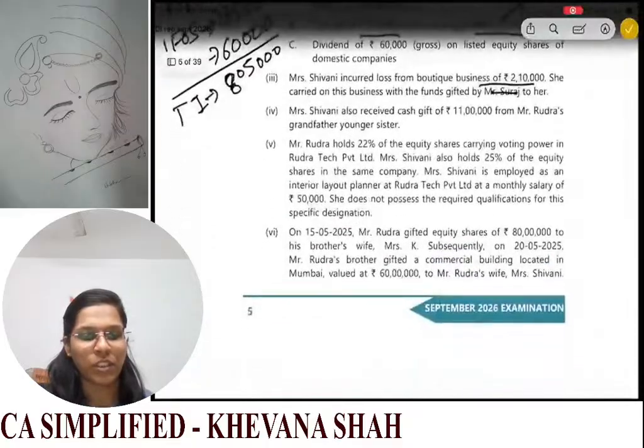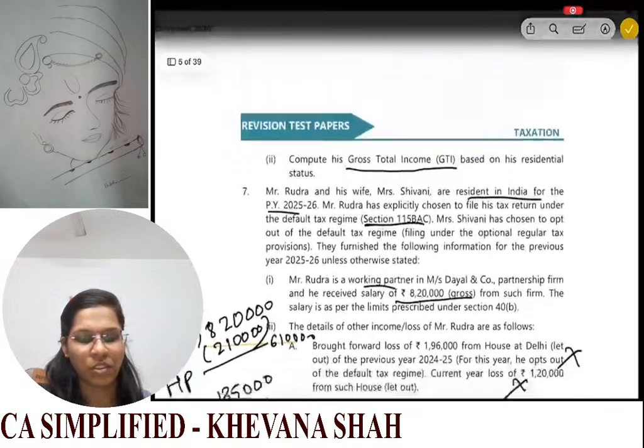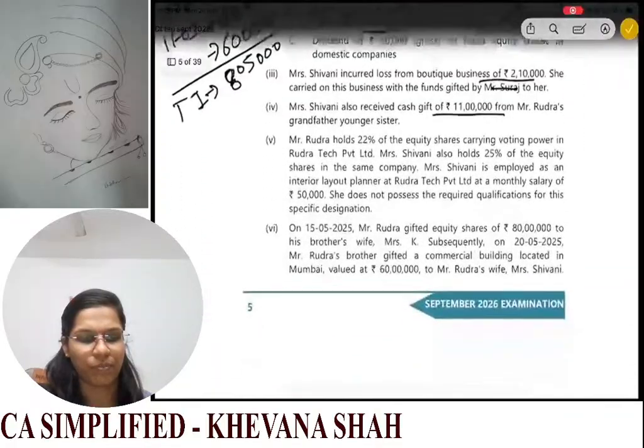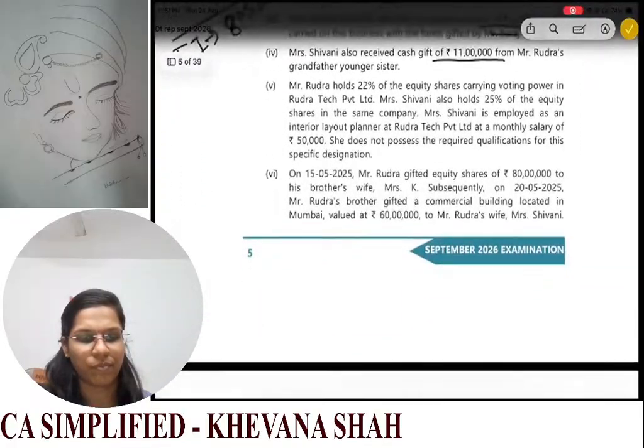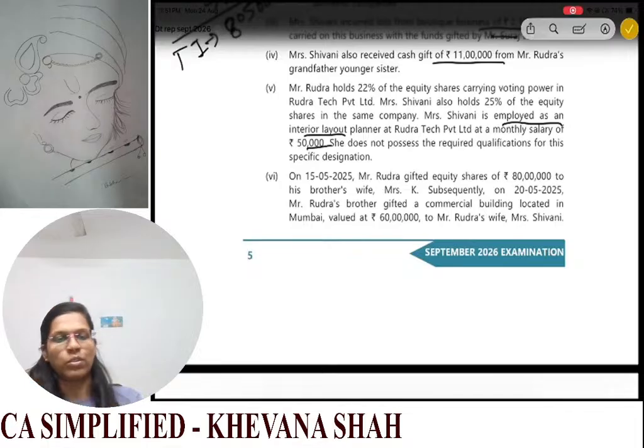Now talking about Miss Shivani, she is receiving cash gift of 11 lakh from Mr. Rudra's grandfather's younger sister. First we will check what was Shivani's income. She is employed as an interior layout planner with monthly salary of 50,000.